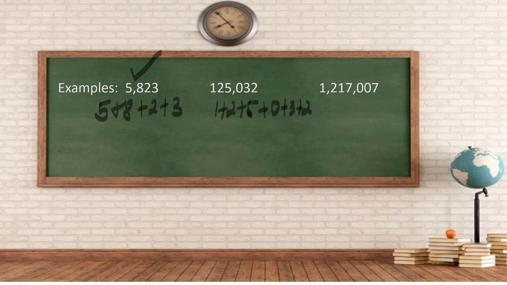So this is 13. This is not divisible by 9. How about 1,217,007? 1 plus 2 plus 1 plus 7 plus 0 plus 0 plus 7. So this is 18. This is divisible by 9. Okay.